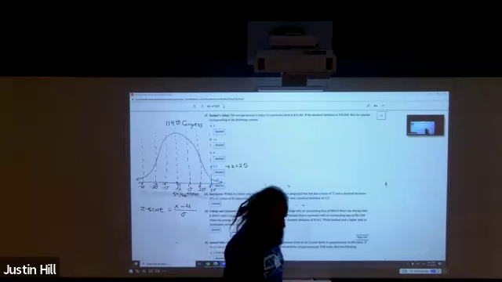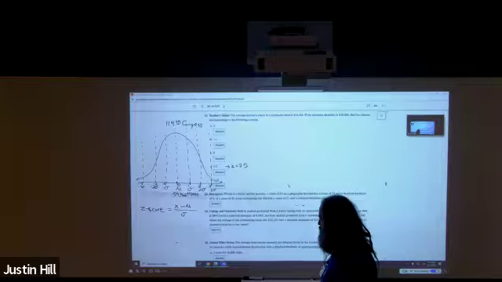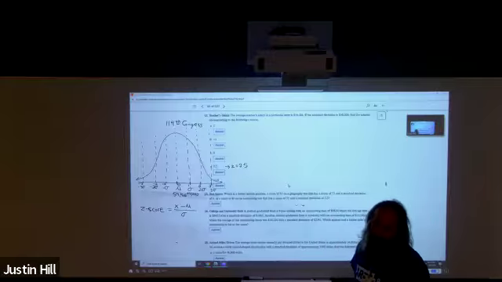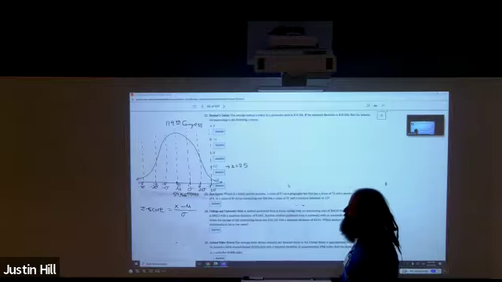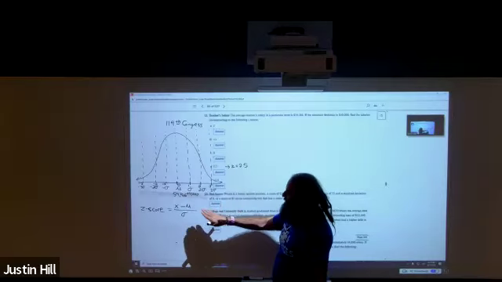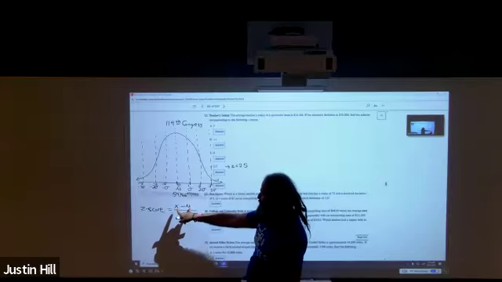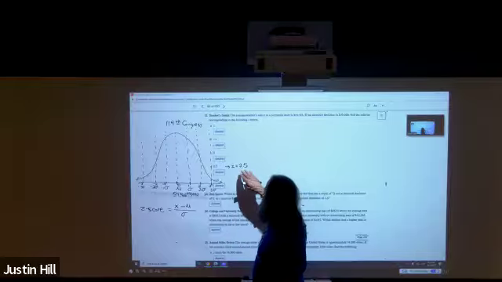Hey, give me a second here, actually. Well, let's talk about a way to solve this. You need the idea of the formula here, but you actually don't need the formula. The idea of our z-score formula is the distance away from the mean divided by the standard deviation.